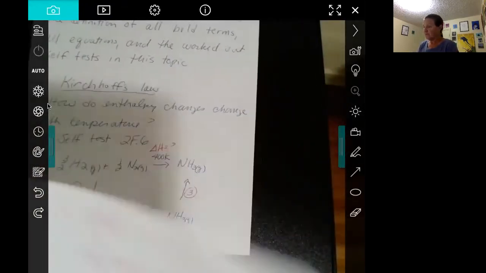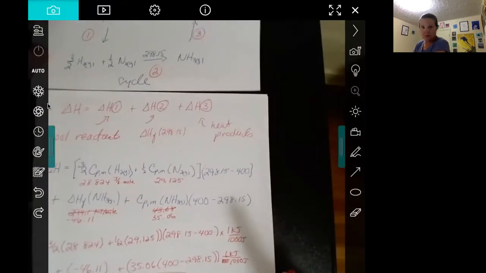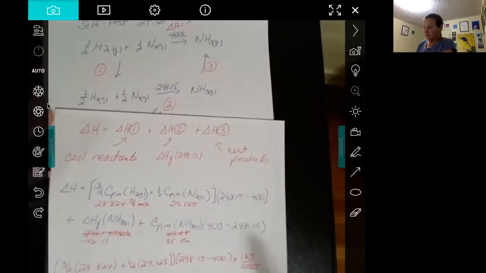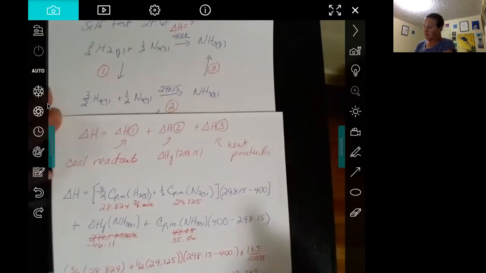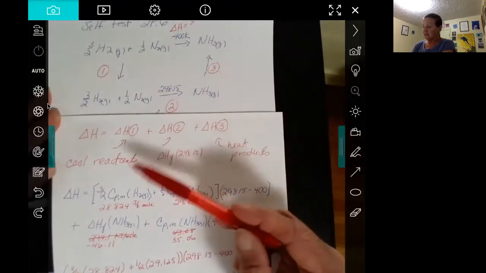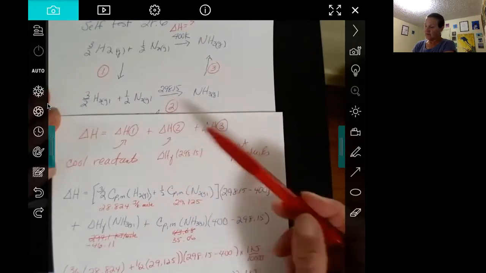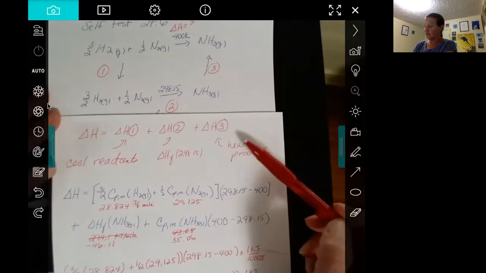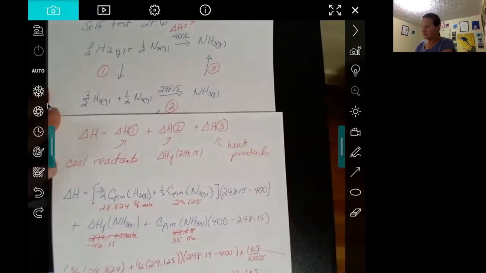So those are my steps. I have a path that's equal to the reaction I'm interested in at the temperature I'm interested in, and the path involves first cooling off reactants, then carrying out the reaction at a temperature I know the value for delta H, and then heating the products up.